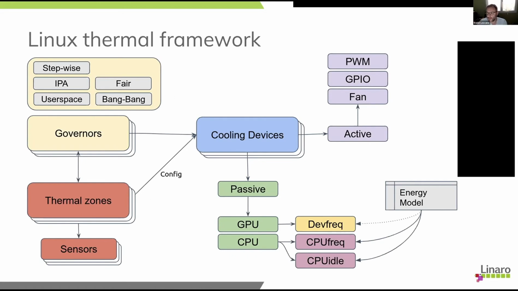Then for the cooling devices, we have two categories. We have the active cooling devices, which need energy to cool down, like a fan, for example. And you have the passive cooling devices, where we reduce the power consumption, so we don't need energy to cool down. For that, we have the GPU using devfreq and the CPU using cpufreq.